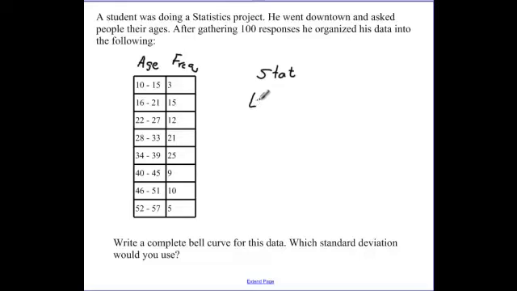So in List 1, I'm going to enter the average of this interval. So if I took the average of 10 and 15, I'd get 12.5. And then I'd keep going through the whole thing. If I took the average of 16 to 21, I would get 18.5. And so forth and so on.